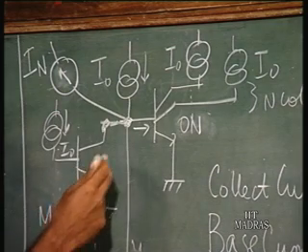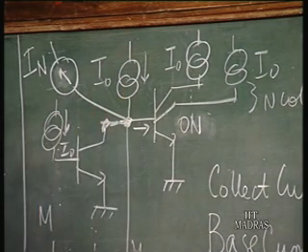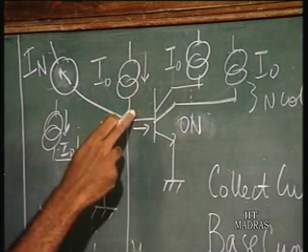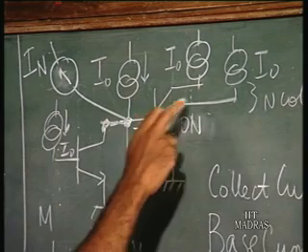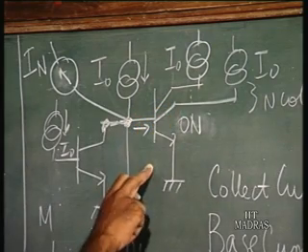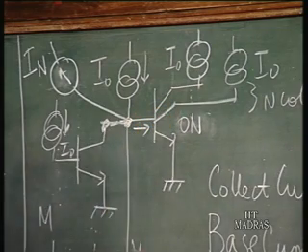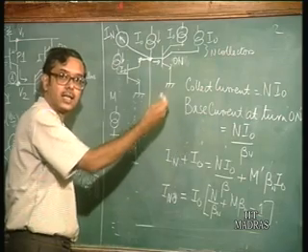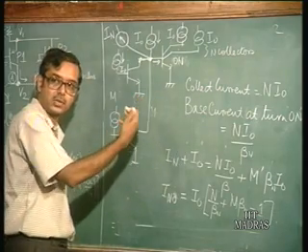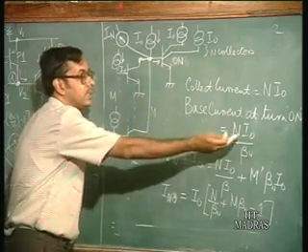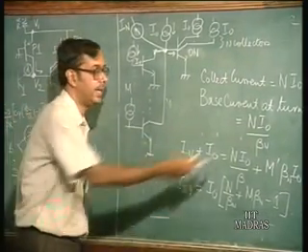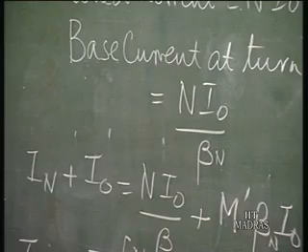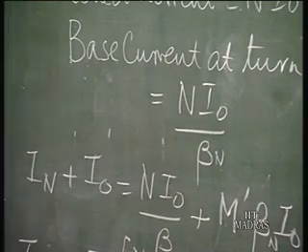So, what is the condition? Again here the condition is the base current. We will assume that this transistor goes out of saturation when the base current falls to n I naught by beta n.